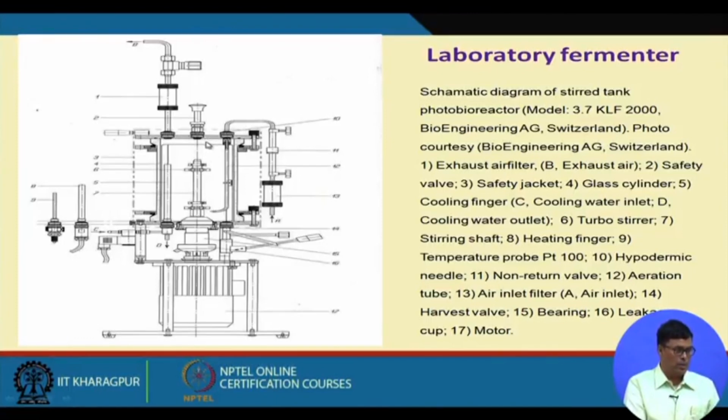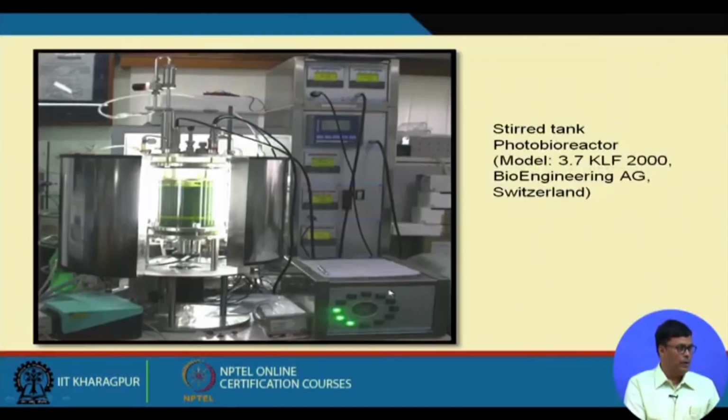We always have a safety valve in industry. And this is the motor for the operation of the shaft. Now this is the bioengineering fermenter that is in operation in our lab.